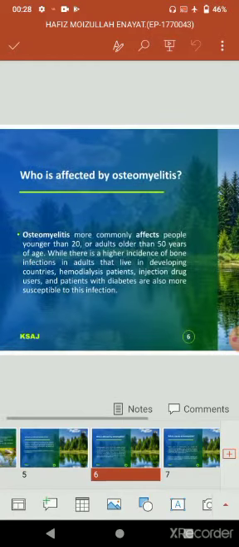Who is affected by osteomyelitis? Osteomyelitis can affect both adults and children. The bacteria or fungus that can cause osteomyelitis, however, differs among age groups. In adults, osteomyelitis often affects the vertebra and the pelvis.